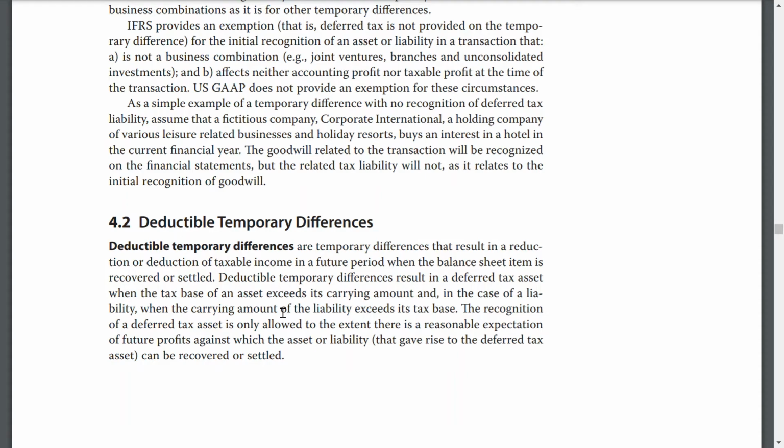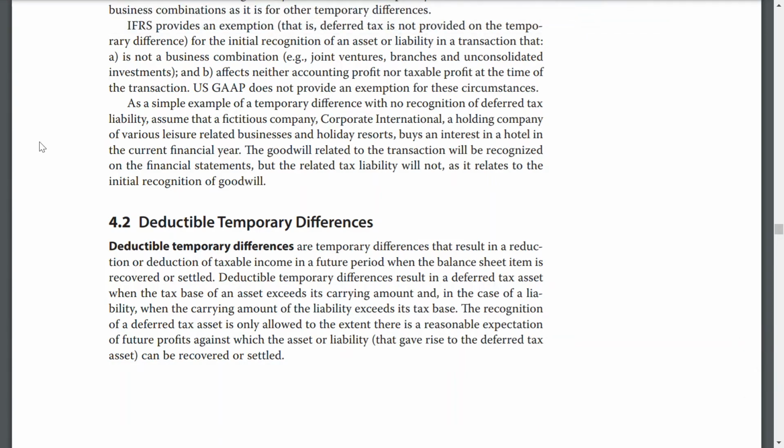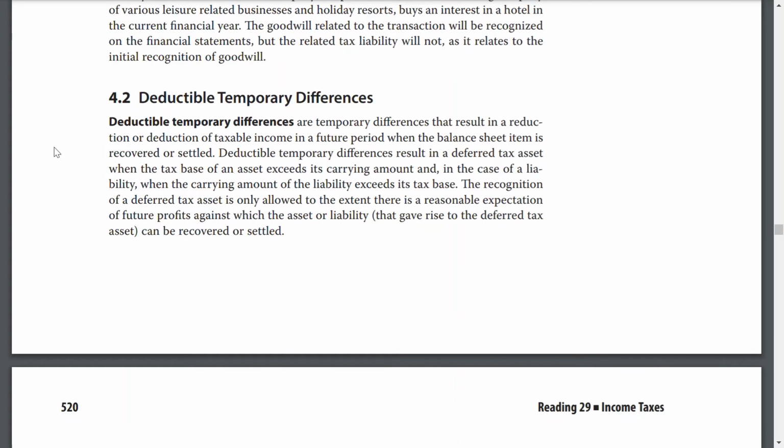Deductible temporary differences result in a deferred tax asset when the tax base of an asset exceeds its carrying amount, and in the case of a liability, when the carrying amount of the liability exceeds the tax base. The recognition of a deferred tax asset is not allowed to the extent that there is no reasonable expectation of future profit against which the asset or liability can be recovered or settled.